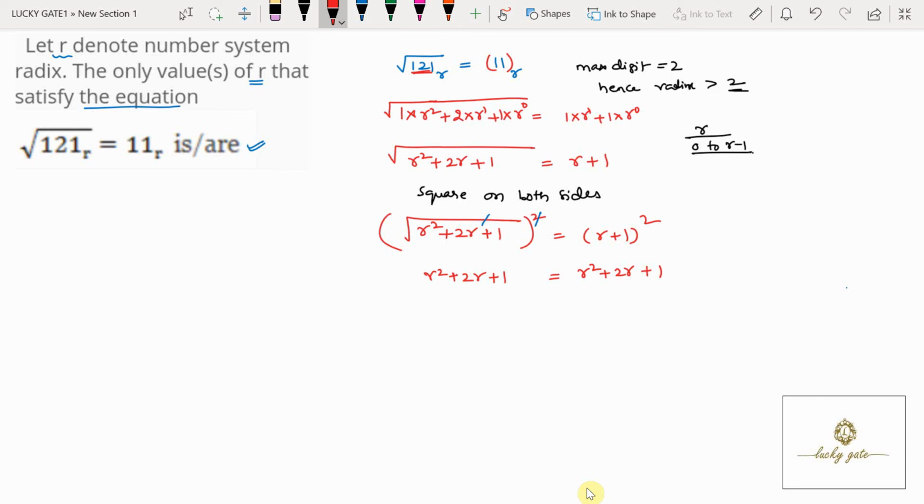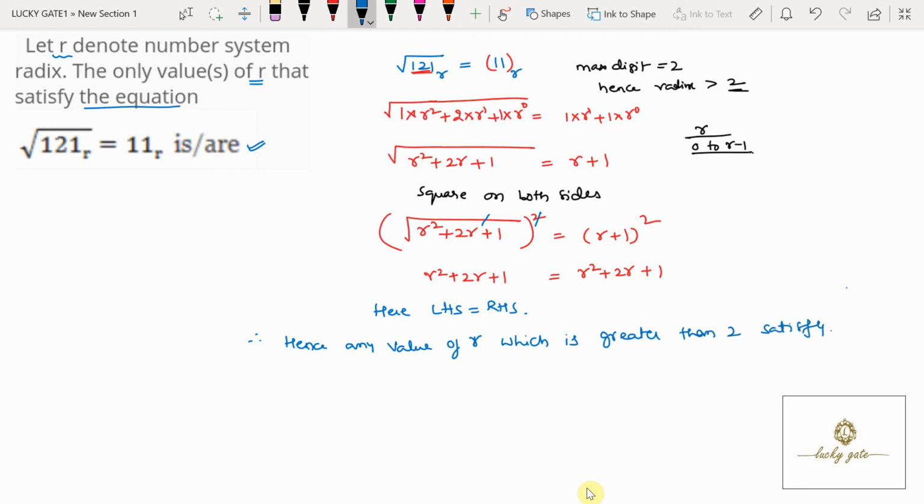Now observe friends, LHS equals RHS. Because LHS equals RHS, any value of R which is greater than 2 satisfies.